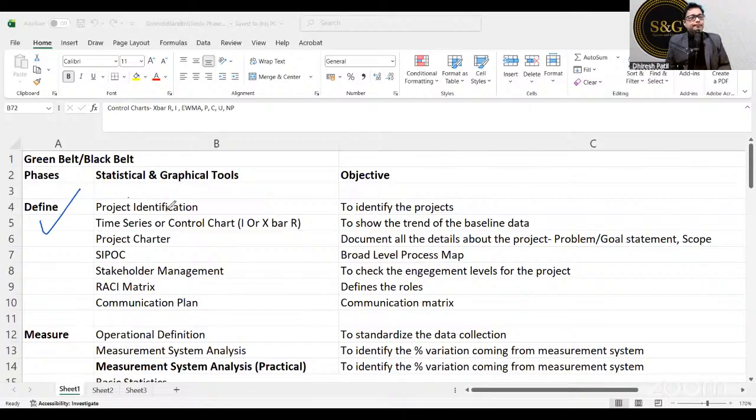See, project identification is basically done not by the green belt, but by the master black belt. Make a note of this. The master black belt, along with the organization's top management people, identify the projects.